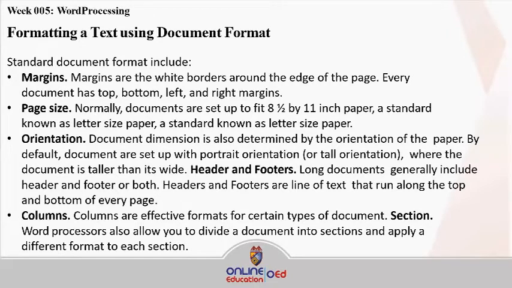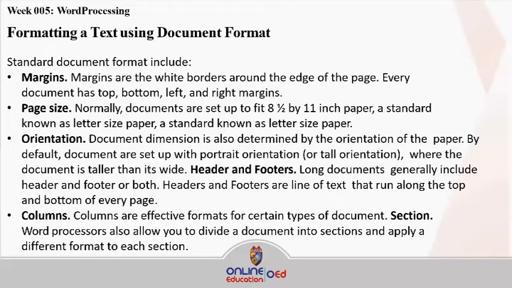Section: a word processor also allows you to divide a document into sections and apply a different format to each section. So if you want to have a different format for a certain section of the document compared to another section of the document, you can use the section format. Ito, part lang siya ng document na yung format niya ay gano'n.